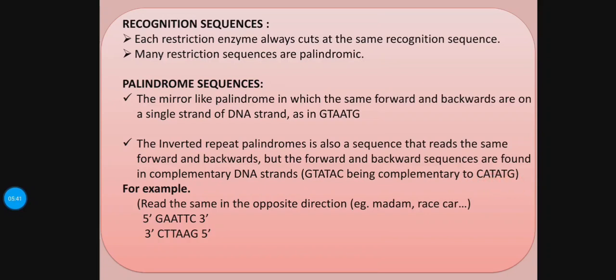If you read this sequence in the forward direction, it is GTA TAC, and when it is read in the backward direction, then also it is GTA TAC. So this is the inverted repeat palindrome. Mostly the recognition sequences are palindromic sequences, and sometimes they are inverted repeat palindromes. And these sequences are recognized by the restriction enzyme to cut the DNA sequence.